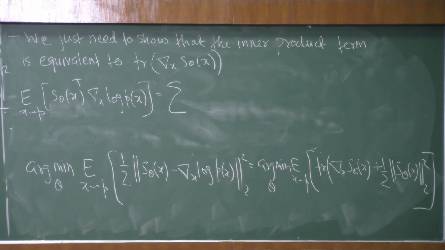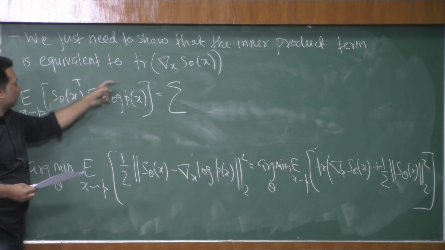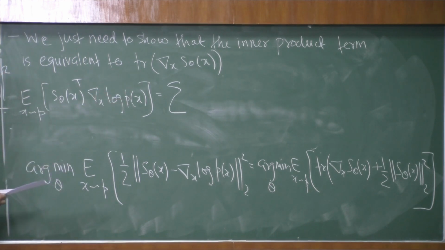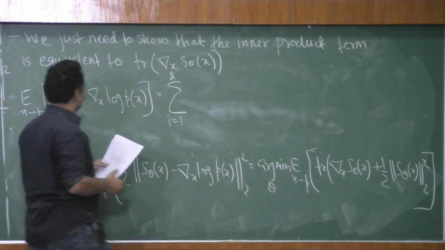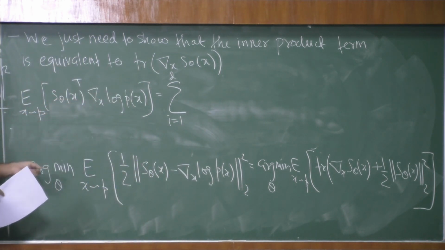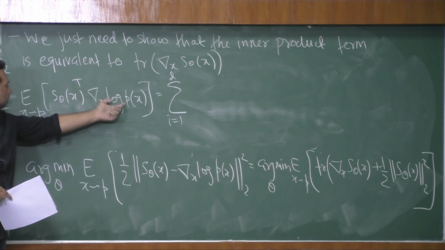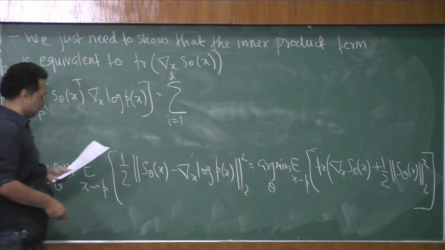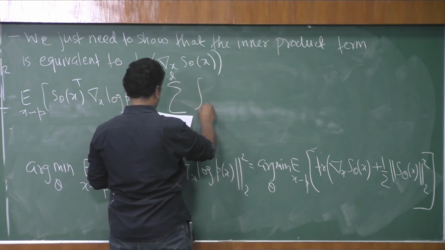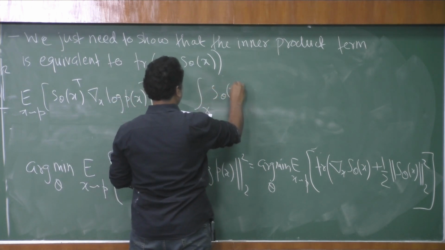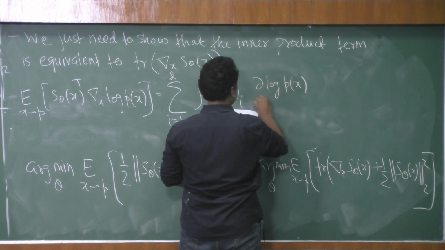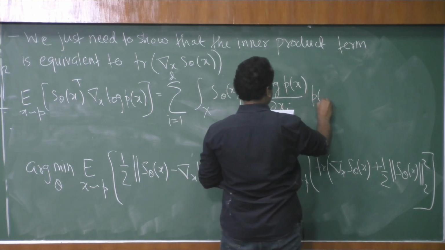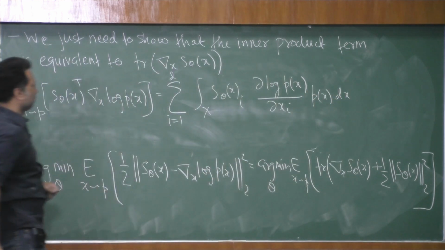If you multiply this, then we get a sum of d terms pointwise, the ith entry with the ith entry. So for each of these, the expectation will go inside for each ith term, and expectation of that will be the integral. So this is the integral of s theta x, which we denote by sub i, times del by del xi of log px, px dx. Okay, I hope you agree with this.